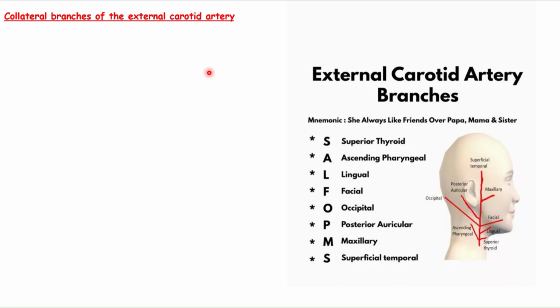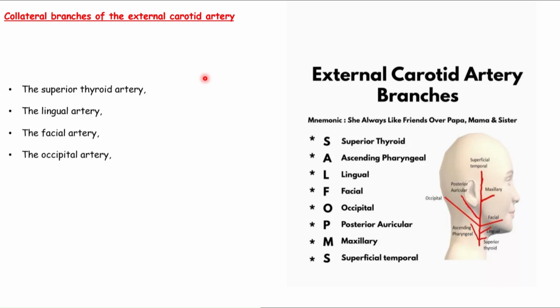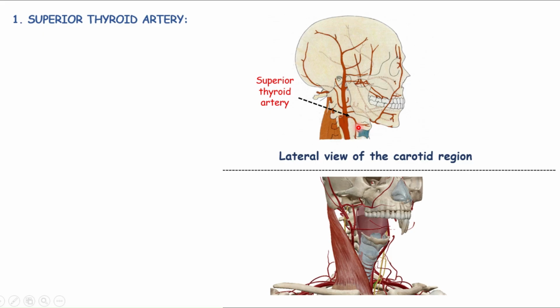The collateral branches of the external carotid arteries are the superior thyroid artery, the lingual artery, the facial artery, the occipital artery, the posterior auricular artery, and the ascending pharyngeal artery. The superior thyroid artery arises near the origin of the common carotid artery.